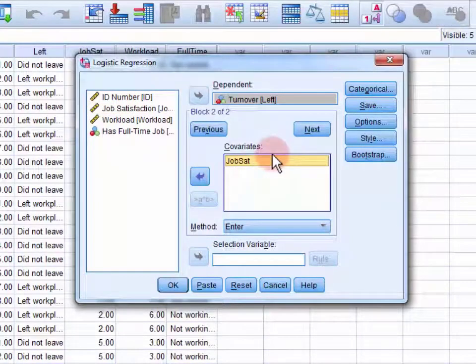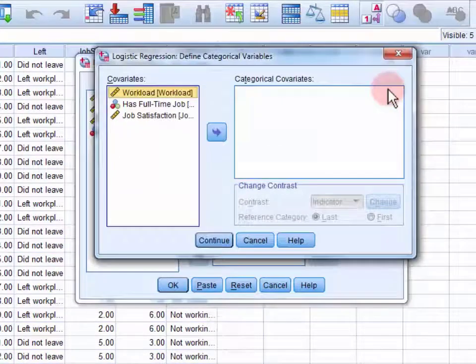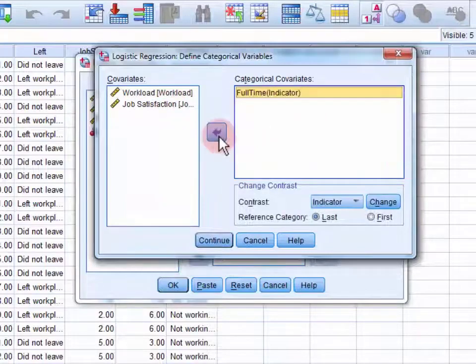Now we need to give SPSS a bit of information about our categorical predictors. So we open up the categorical menu, and we only have one, whether or not the employee was full-time. We move this into the categorical covariates field, and we set the reference category or control group as the first group.